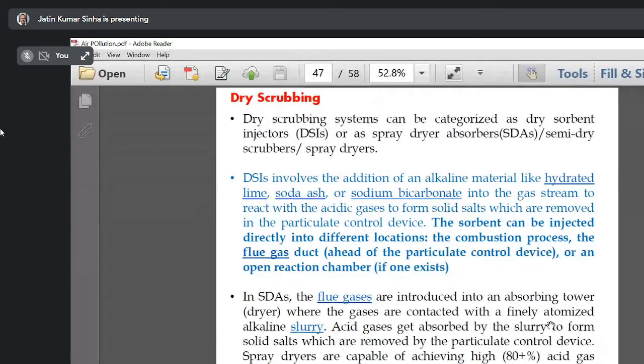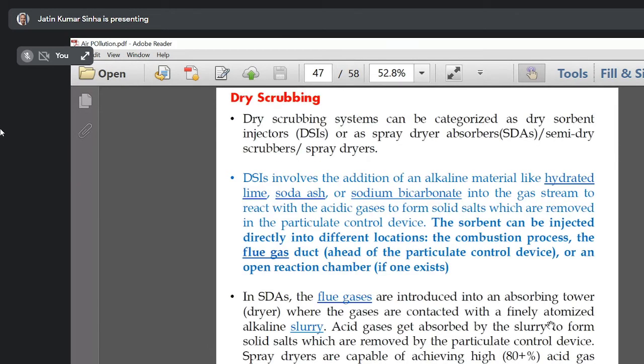The advantage of this kind of system is that the efficiency can go up to 80%. So it can clear out 80% of the pollutants from the air, and the air would be free from nearly 80% of the toxic gases.